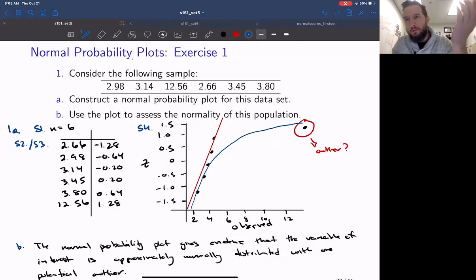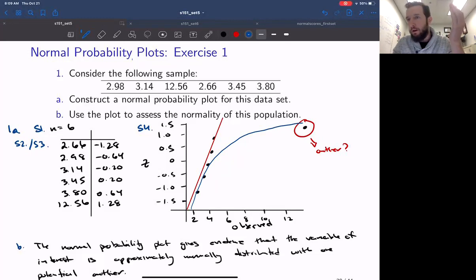So this is where the subjectivity of the plot comes in, and it can become difficult to make a determination about what the plot is actually telling us, which is why we can develop hypothesis tests for normality, but this is something that we'll talk about later in the course. Anywho, the point is, when you construct a normal probability plot and you're making your argument about whether or not it gives evidence for or against normality, you do that based off of linearity.